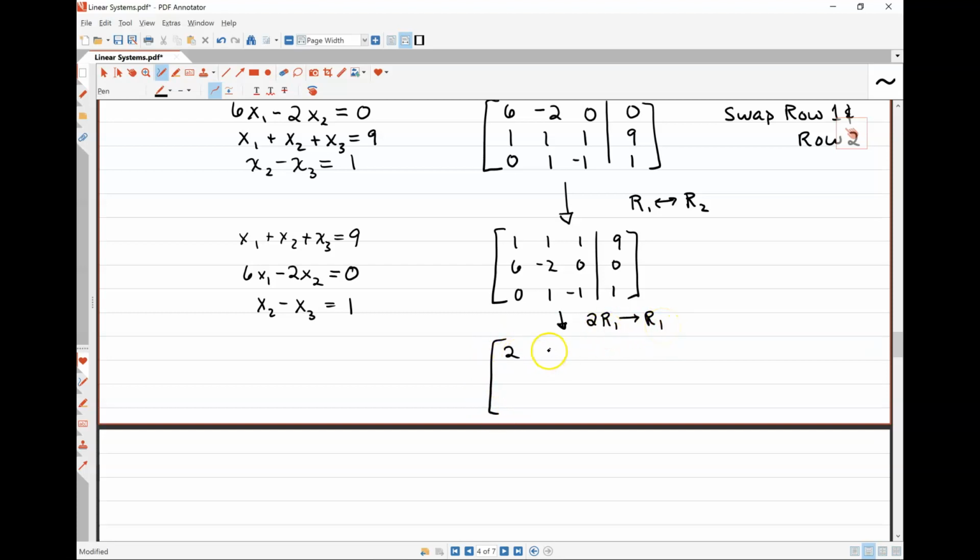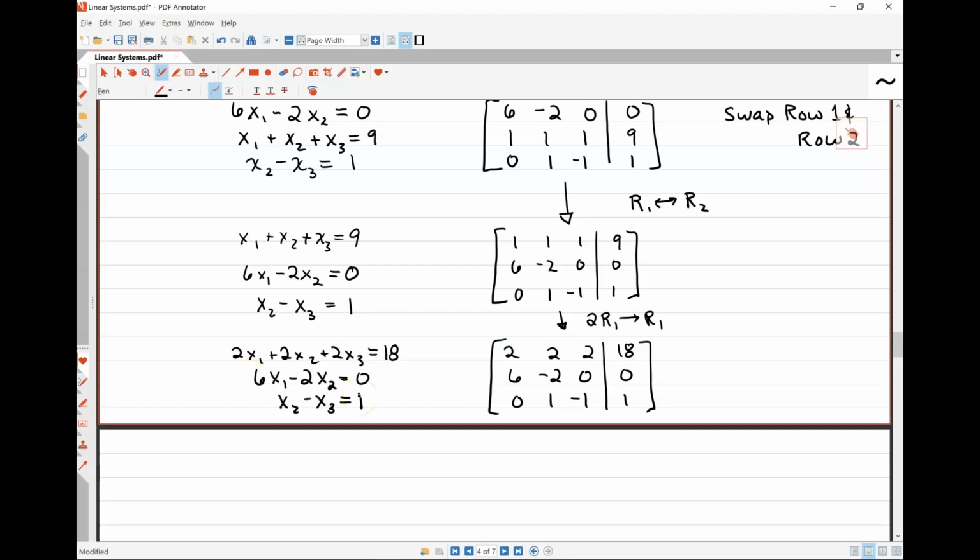So I'll have 2, 2, 2, and remember you have to multiply the whole row, so this is 18. What that corresponds to is 2x1 plus 2x2 plus 2x3 equals 18. And then the other two equations stay the same.